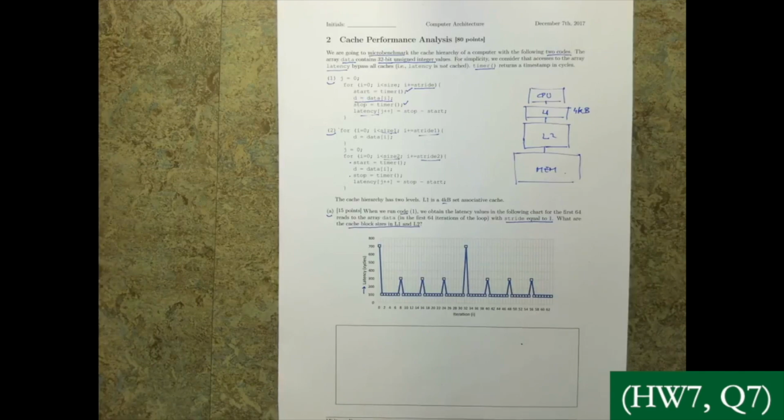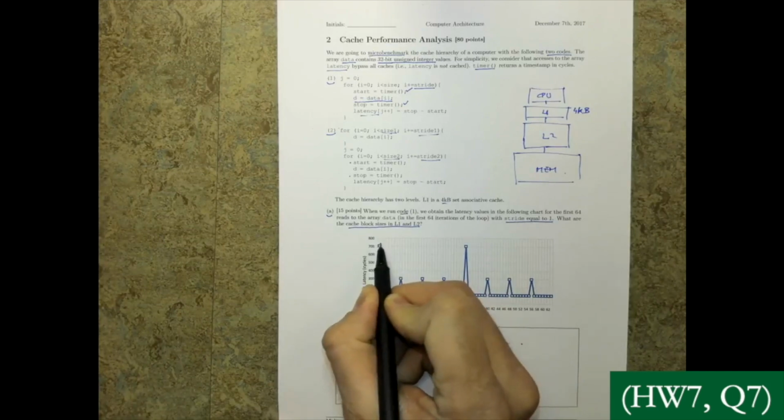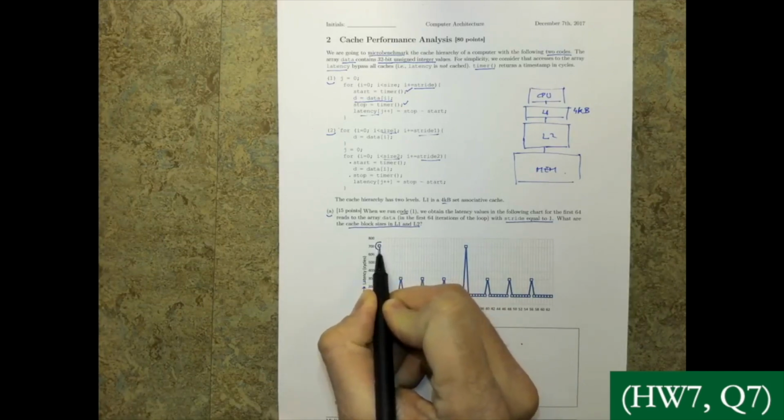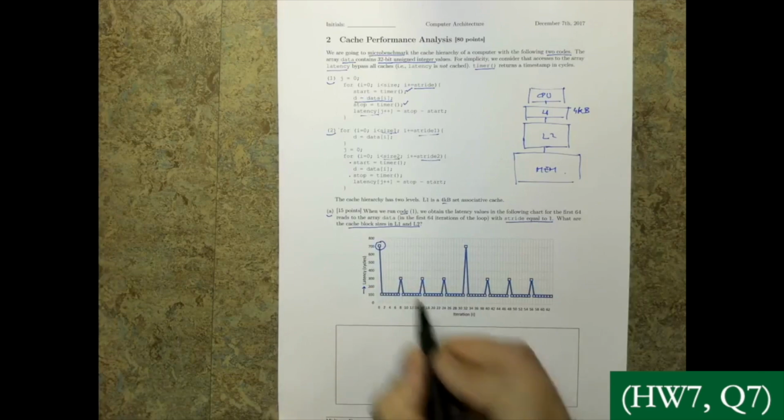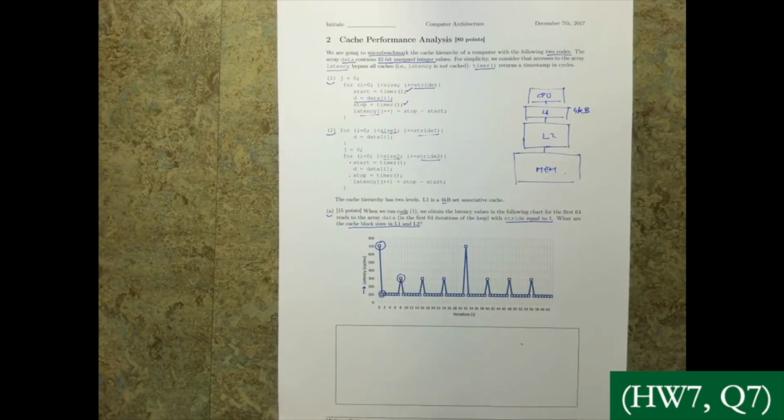So what happens here? We should infer what happens from the latency values that we see in the chart. As you can see in the chart, there are 3 different latency values, 700, 300, and 100 cycles.